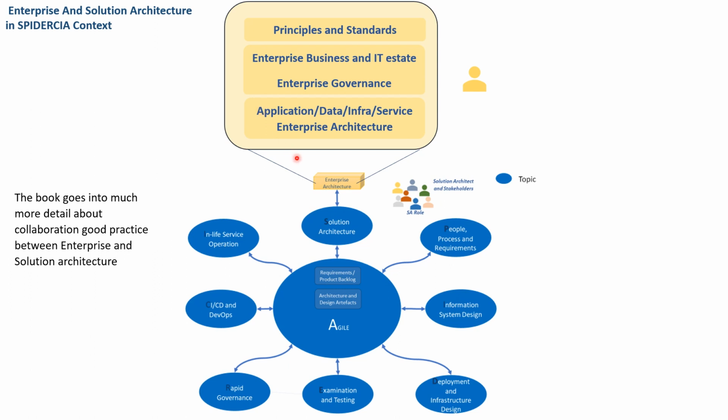The solution architecture would work with these, and would feed back into them as well. It's not one way. It would use these to implement a solution which fits within the enterprise context, which aligns with enterprise strategy. So it's really, really key.